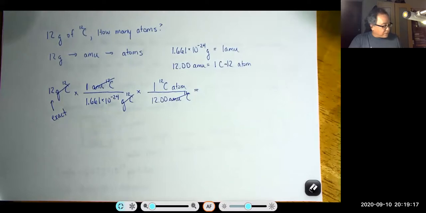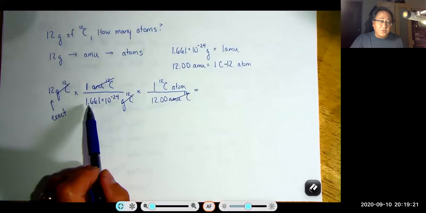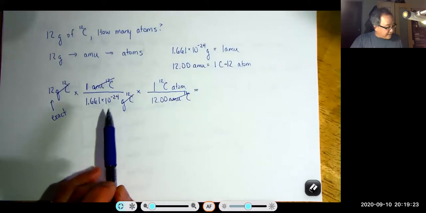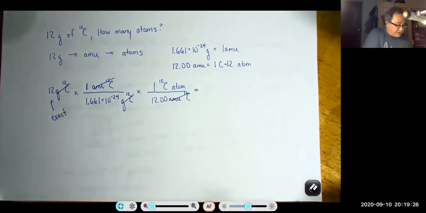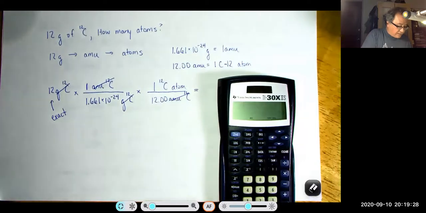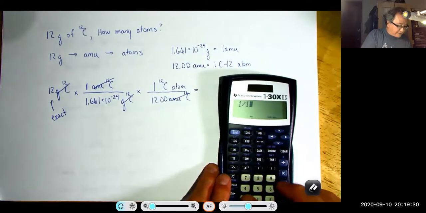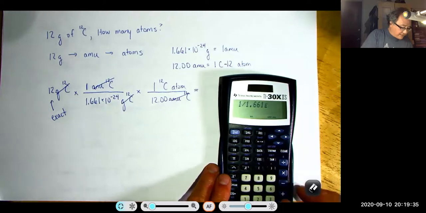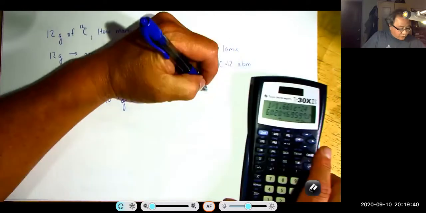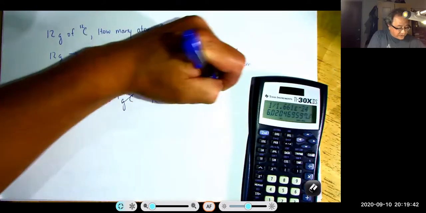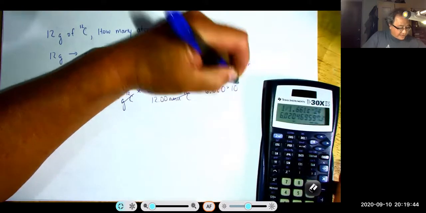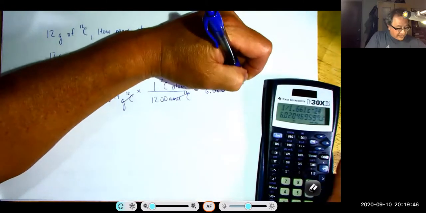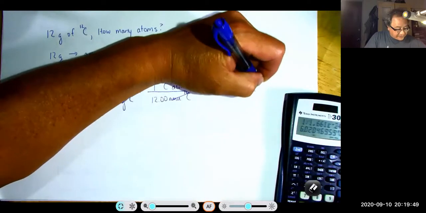Now, we can all see that 12 divided by 12 is 1. So basically, we have to take 1.661 times 10 to the minus 24 and divide it into 1. So when I do that, 1 divided by 1.661 E negative 24 is equal to 6.020 times 10 to the 23 carbon 12 atoms.